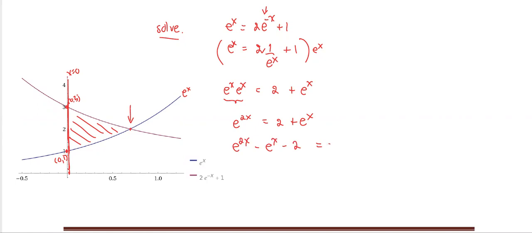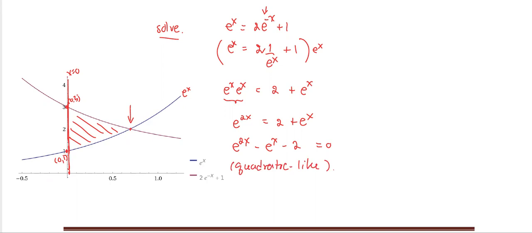At this point, we have 3 terms on the left-hand side, and we see this is a quadratic-like equation. I'm going to put a note here: quadratic-like equation. That means we can treat it similarly to the way we treat a quadratic equation.